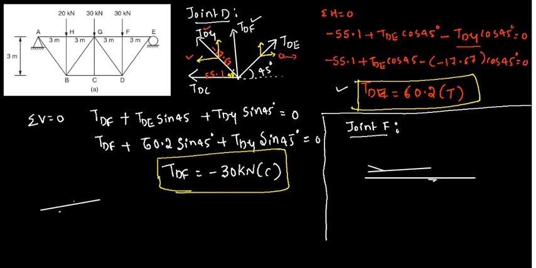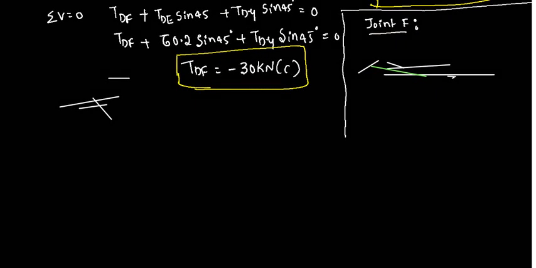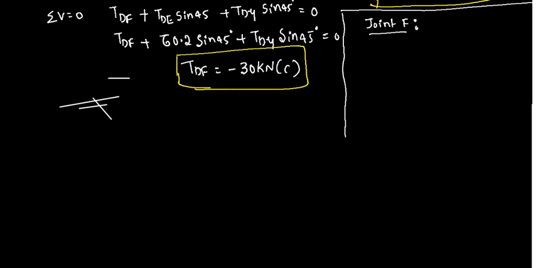Okay, if I draw the free body diagram of the joint, you just observe, this is one of the forces which is acting, and 30 kilonewton is acting here. So just I am writing the free body diagram.